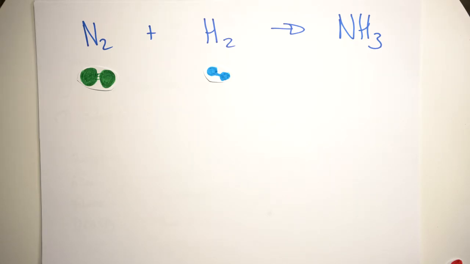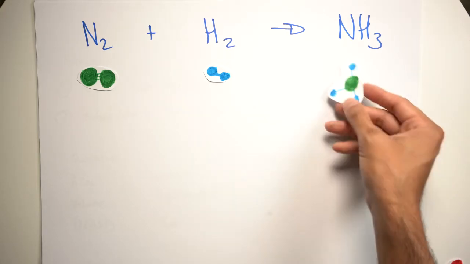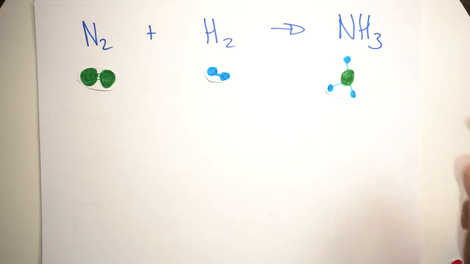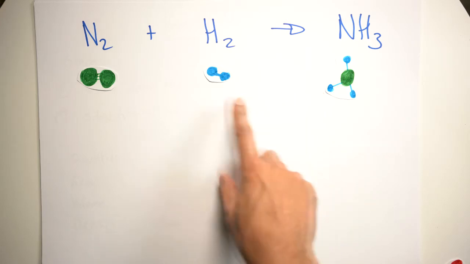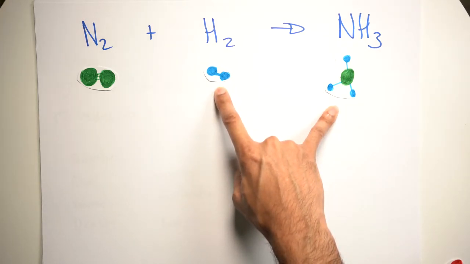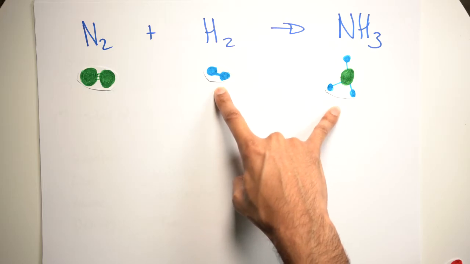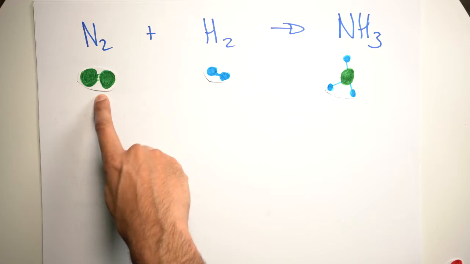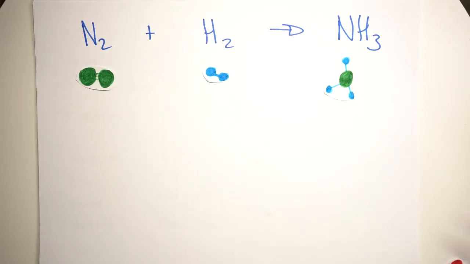And NH3 is going to look a little bit like this. So 1 nitrogen and 3 hydrogens. So let's have a look. Here and here, you can see that we've got 2 hydrogens before and 3 after, so that's not balanced. And we've got 2 nitrogens over here, only 1 over there, so the whole thing is unbalanced.